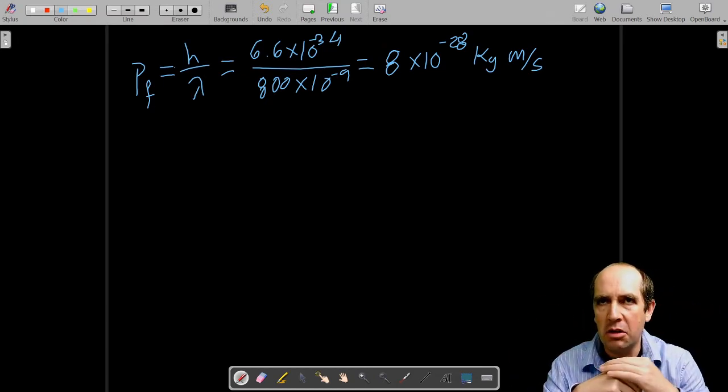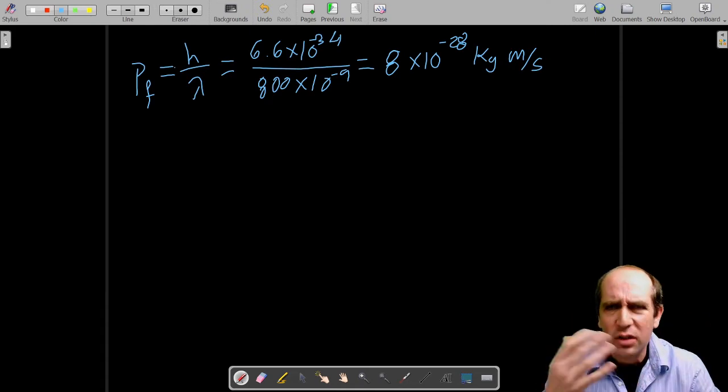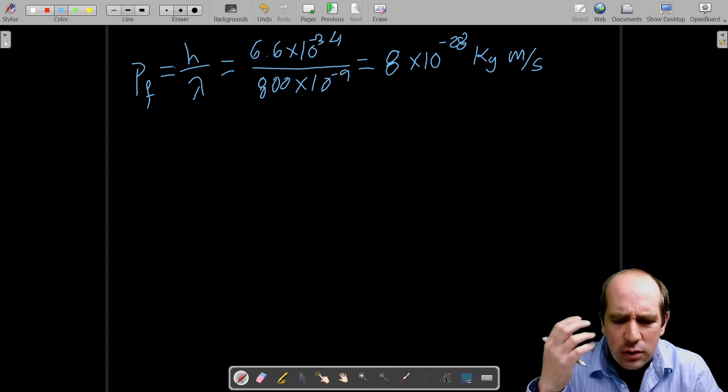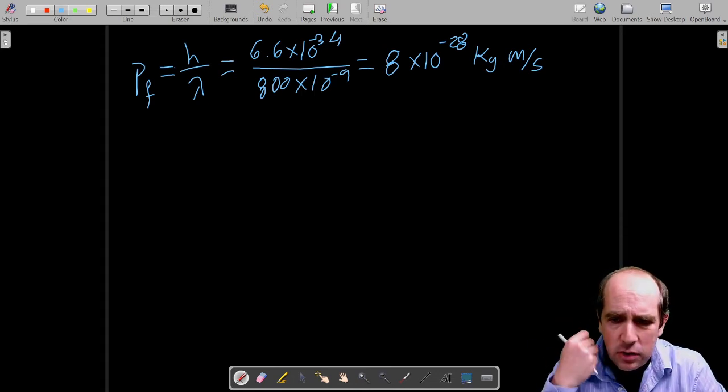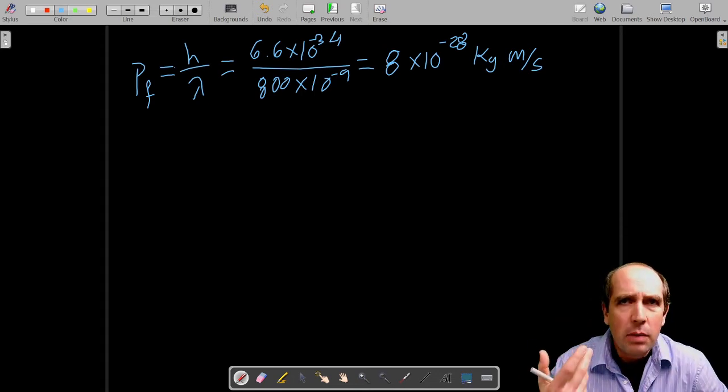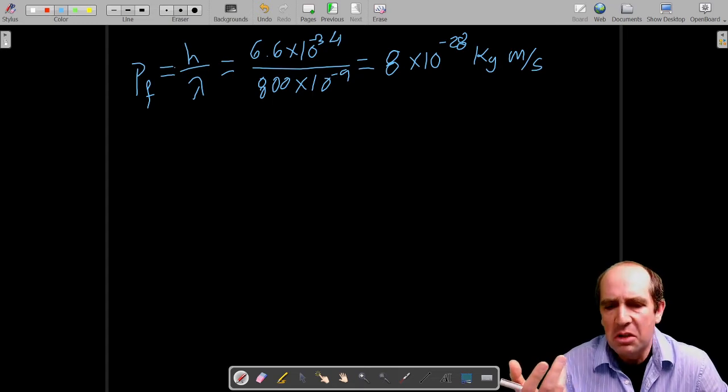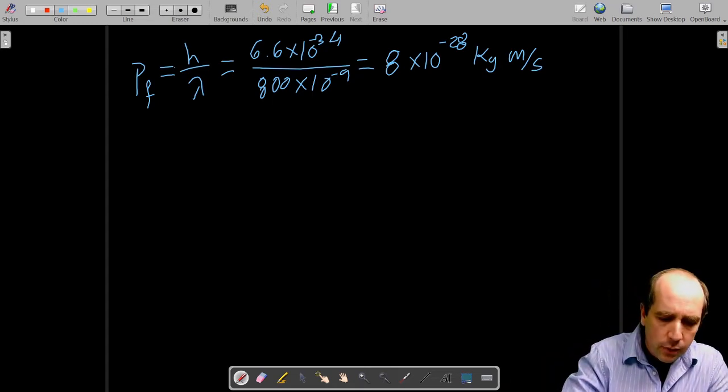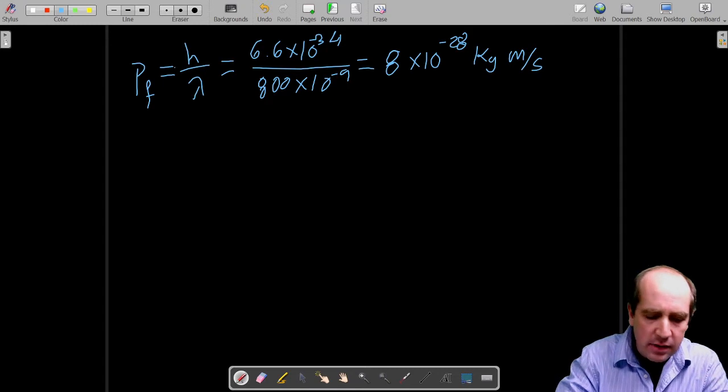Now let's see how much momentum an electron has in a material, let's say in a semiconductor. There are various ways of estimating that. One can use the edges of the Brillouin zone and so on, but I will do something a bit simpler, just to have a feeling for the order of magnitude of the momentum carried by an electron in a material, using just a classical approximation.